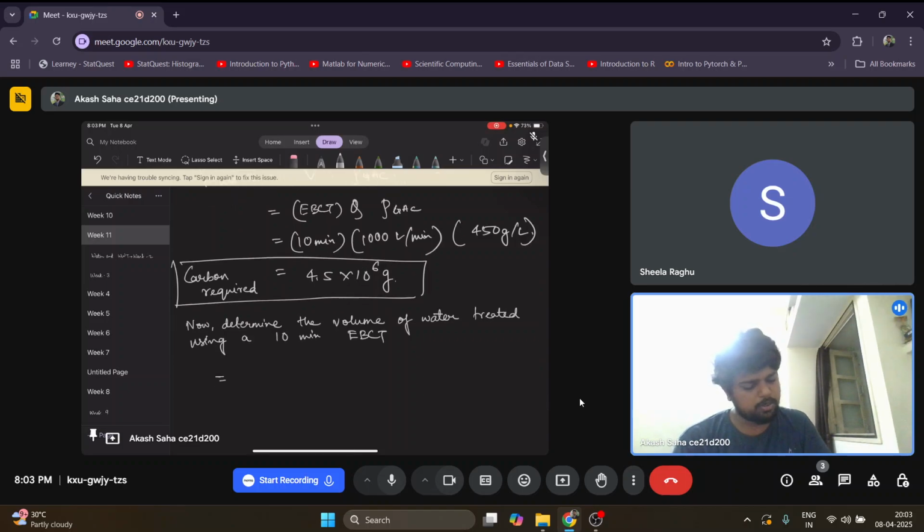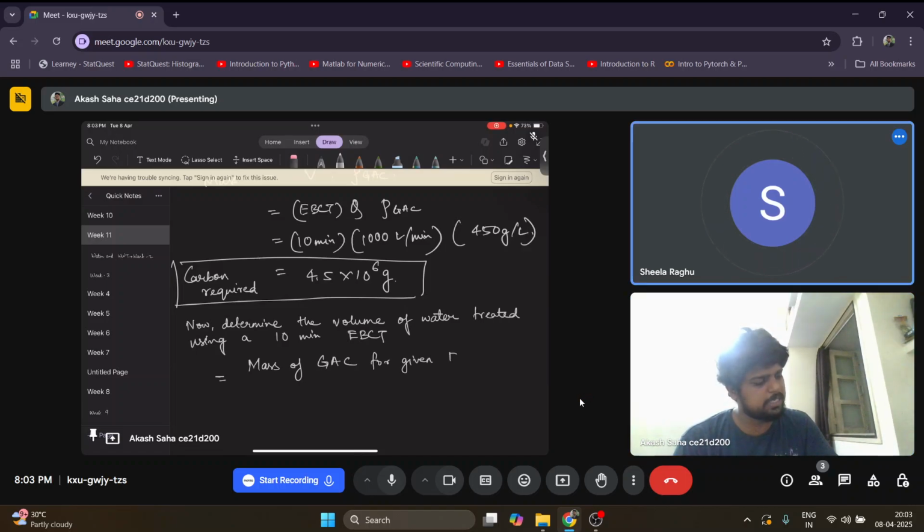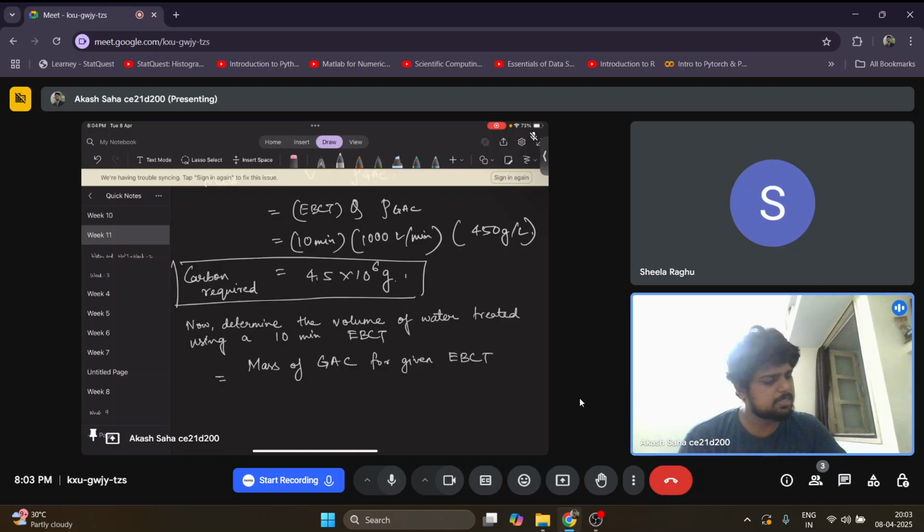So that will be equal to the mass of GAC for the given EBCT divided by the usage rate of GAC.